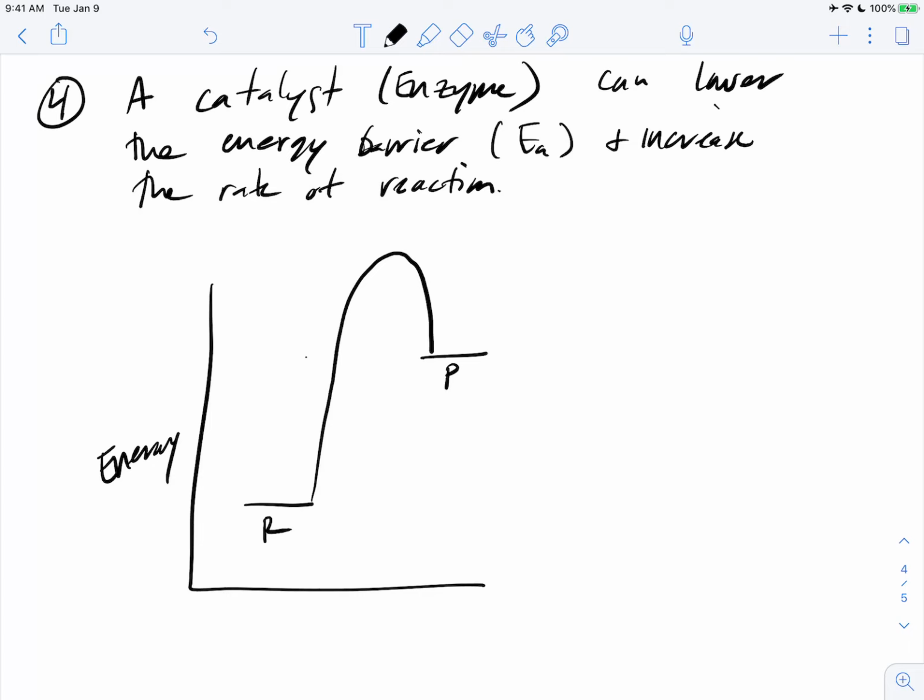So this would be the activation energy that we would find for an uncatalyzed reaction.